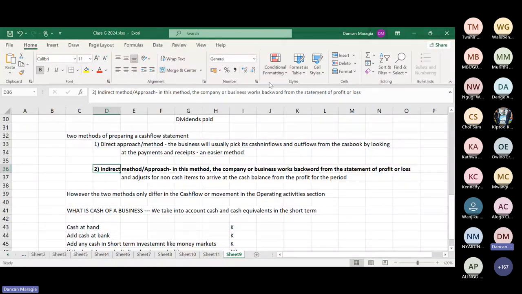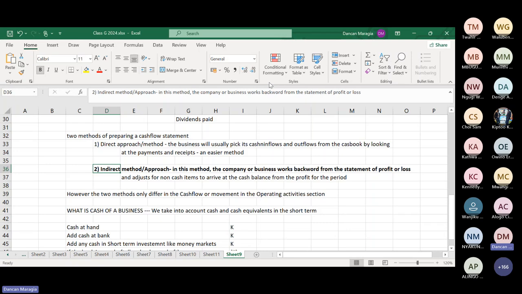Generally, why? The reason is, when you are able to link your profit back to your cash items, by showing, I had this profit, and when I adjust backwards for those non-cash items, I arrive at my cash, which is physically here with me, then it gives us confidence that your books of accounts have not been manufactured or cooked, in quotes.